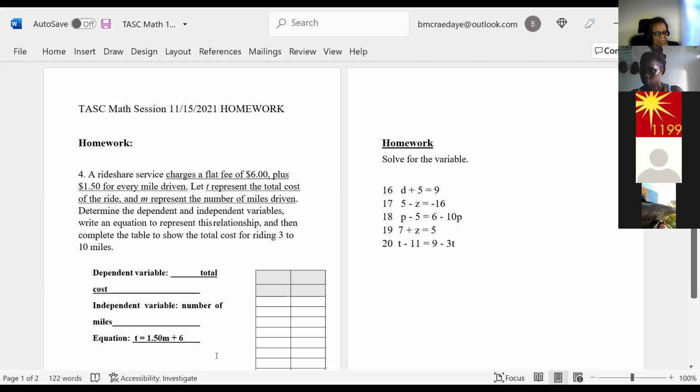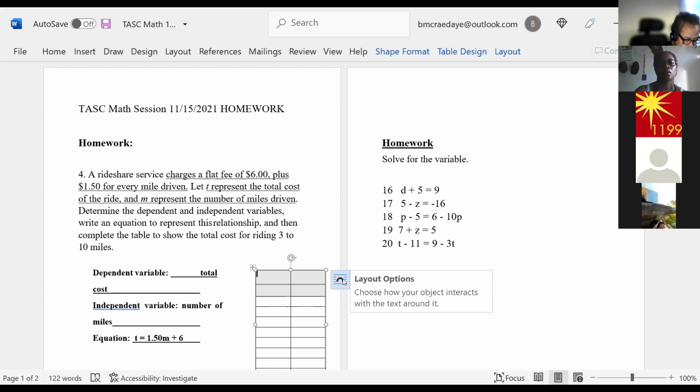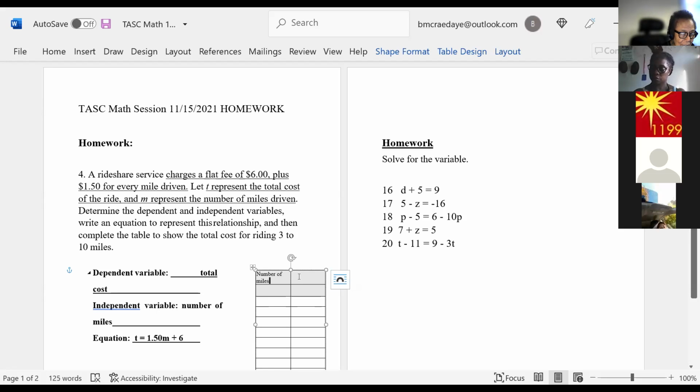Okay, now let's look at the table. We have to put a heading here. What goes here? Number of miles, right? What goes here? The dependent variable, which is the total cost.